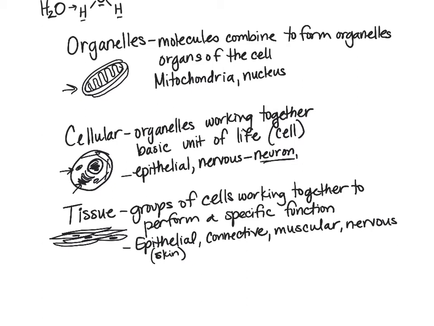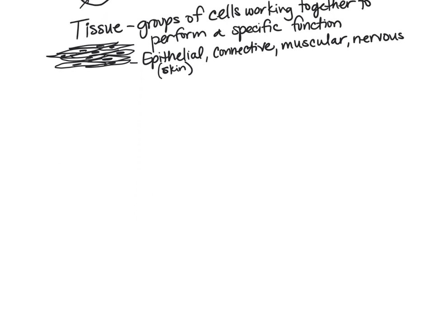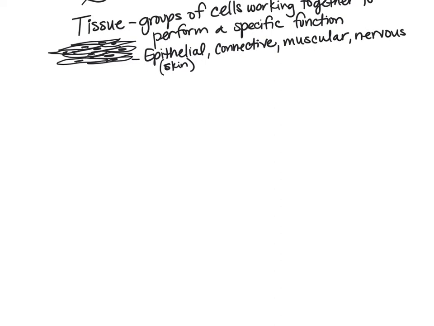There's a nucleus in there. So we have several cells there. This is an example of some epithelial tissue, or maybe some smooth muscle, all coming together to form a tissue, and this tissue performs a specific function.